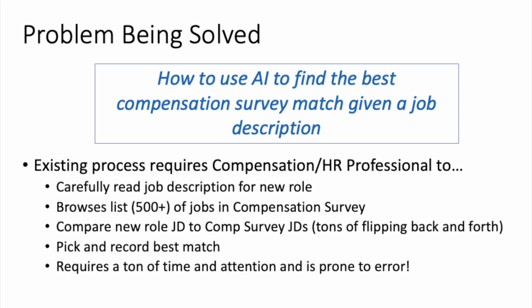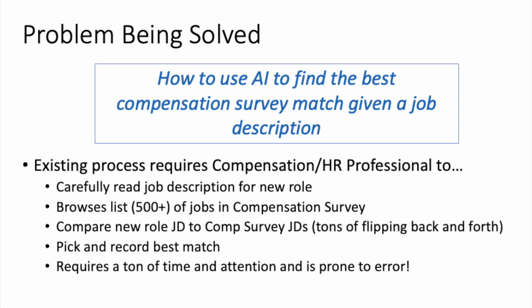Okay, so let's first take a look at the problem that we're trying to tackle a little more closely. Right now, a compensation or HR professional has a common task. This happens all throughout the year, where they will receive a job description from a hiring manager that describes a new role that they want.